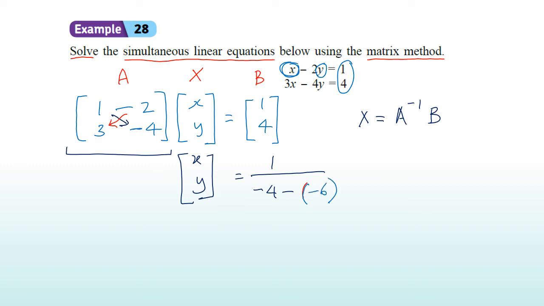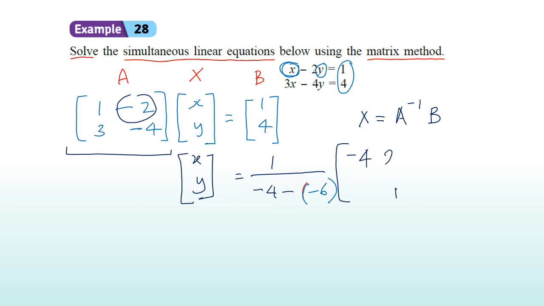Okay, and then you multiply with, you interchange 1 and negative 4. So negative 4 is here, 1 goes there. And then the negative signs, you change the sign. Negative we change into positive.